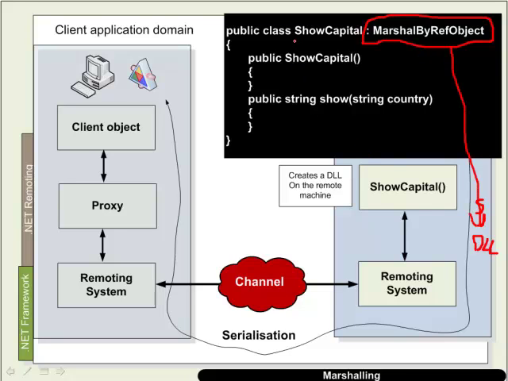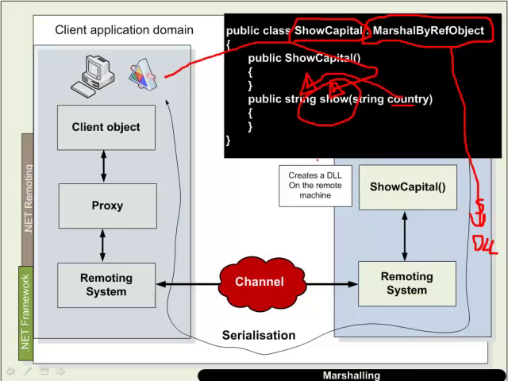So in this case, we have a remote class called showCapital, which has a method called show. So what we're going to do is call from the client this method remotely passing the country, and we should get some idea of what the capital city is coming back. The key thing here is that we're creating a DLL, and we can put this DLL on our server machines.